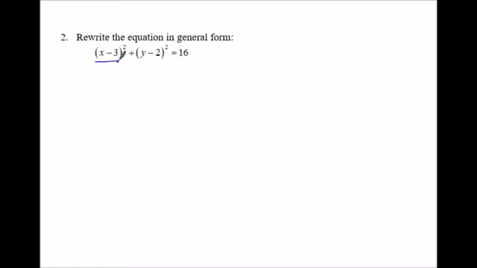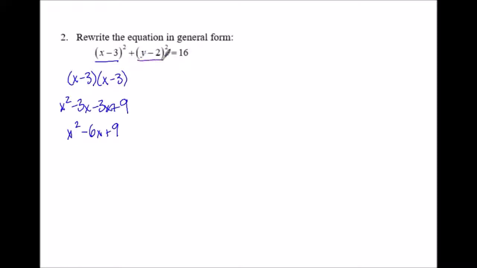So if I have (x - 3)^2, just a reminder that that means you are doing (x - 3) times (x - 3). So if you double distribute and combine like terms, you end up with x^2 - 6x + 9.